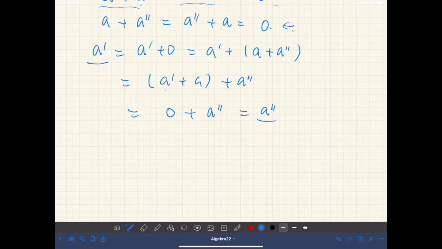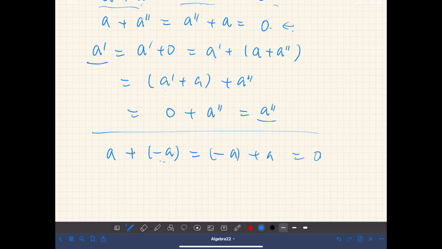Okay, and that's one thing. Another thing to notice is that the inverse of an inverse is the same element as the original element. So we have a plus negative a, so the additive inverse of a is negative a, and negative a plus a gives zero.